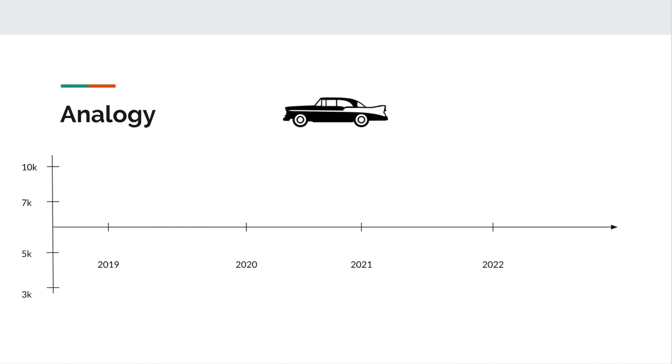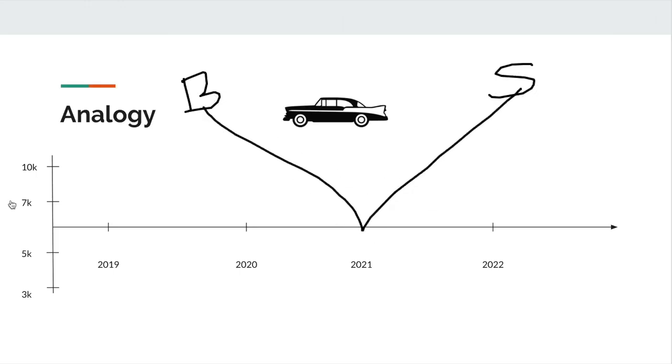The buyer must pay the seller some kind of premium for giving him that offer. So now we have a buyer on one side and we have a seller on the other. And the buyer and the seller agree that by 2021, this car is going to be worth $7,000. So the buyer tells the seller, okay, I'll give you $100 so I can guarantee that I can buy this car at $7,000 even if it's worth $10,000 in the future.